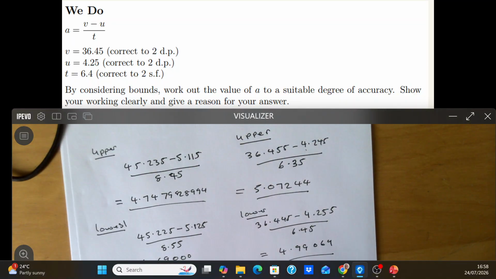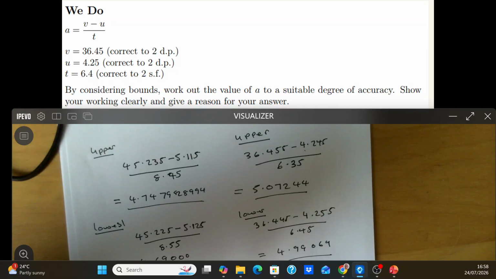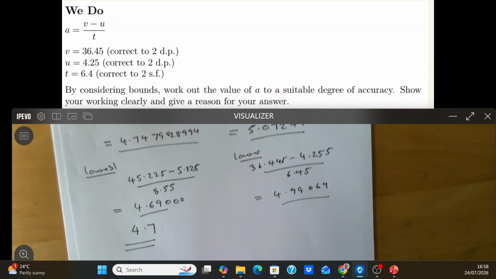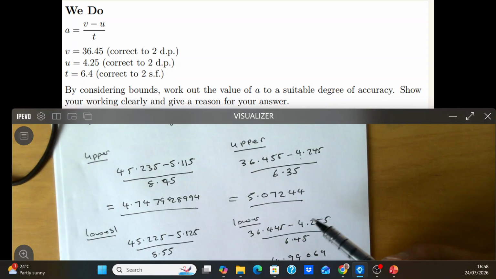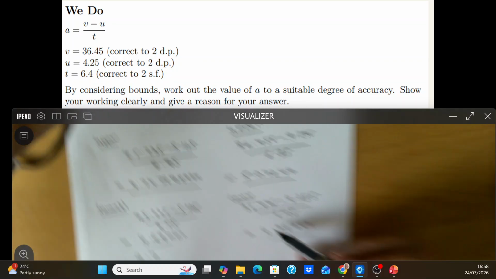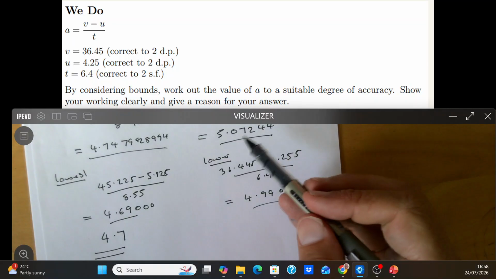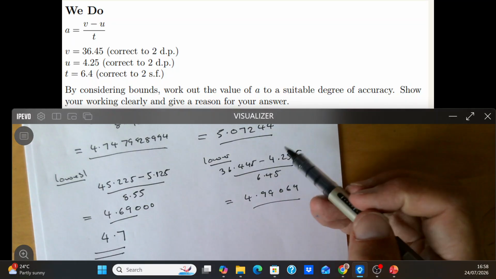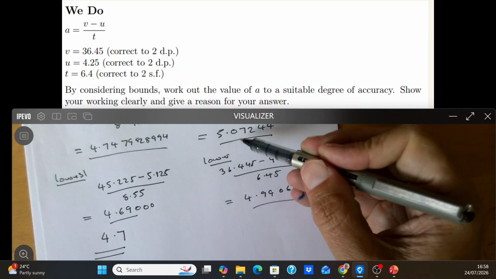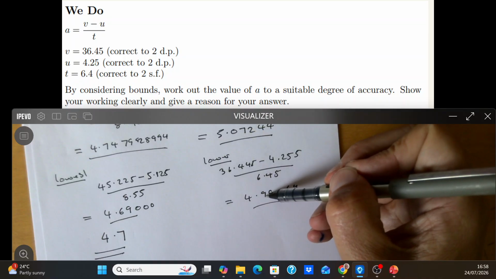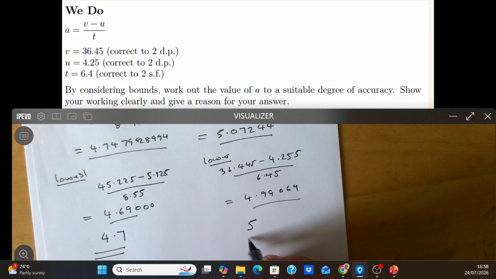Then what did I do? I rounded my upper and my lower. Bring it slightly further down so you can see it. So what do I need to do to this? I need to decide when 5.75 and 4.99, so 5.0724, round to the same number. So that will round to 5, that will round to 5, that will round to 5.1, that will round to 5.0. So the only time they are the same is 5, which is the first decimal point.